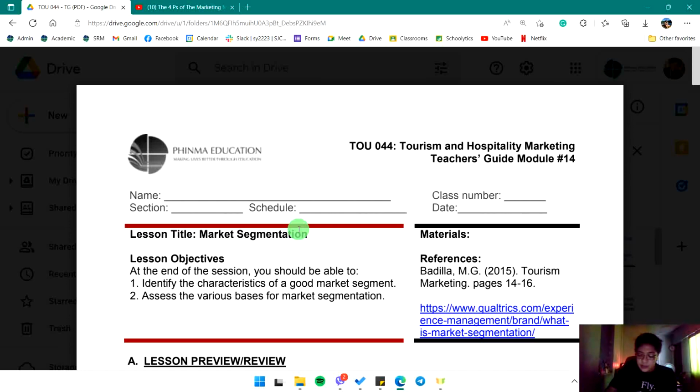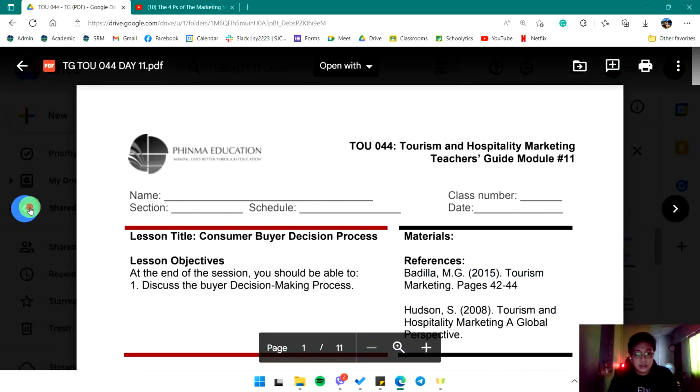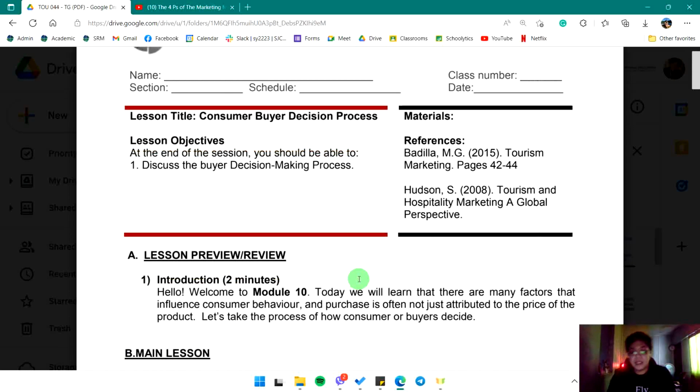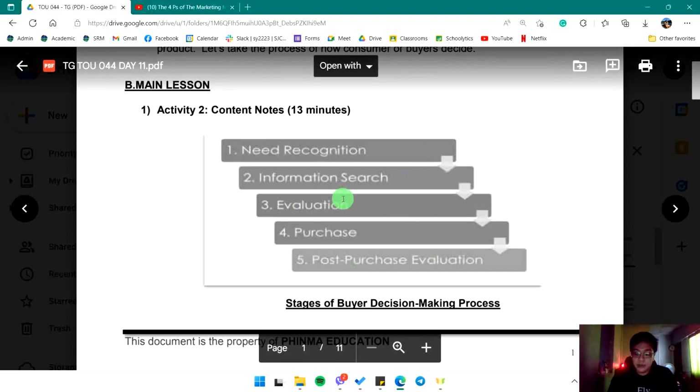If you remember the first discussion that we have for midterms is about this one, consumer buyer decision process. That's module number 11. Dito, pinag-aralan natin kung paano nga ba nag-iisip ang ating market or ang ating mga customers bago sila bumili ng isang produkto.